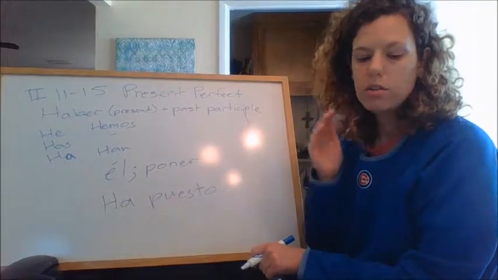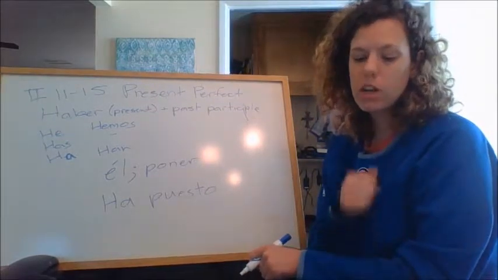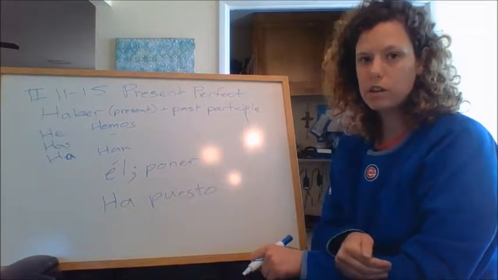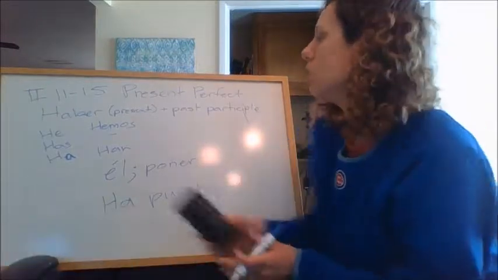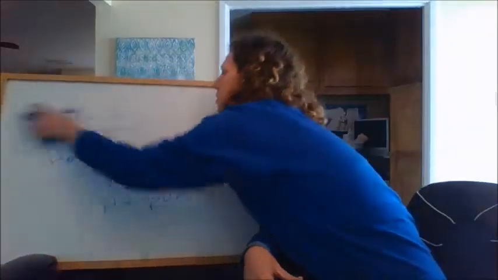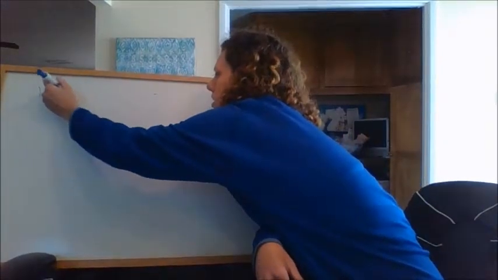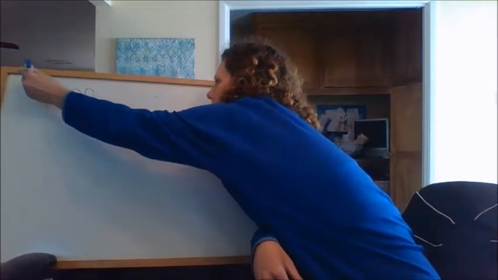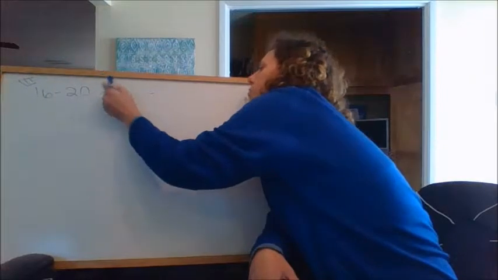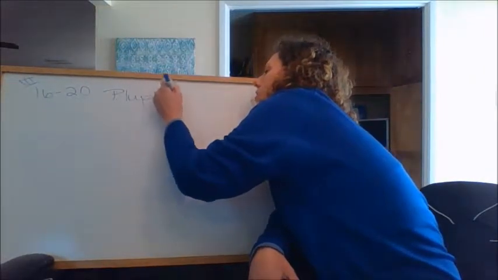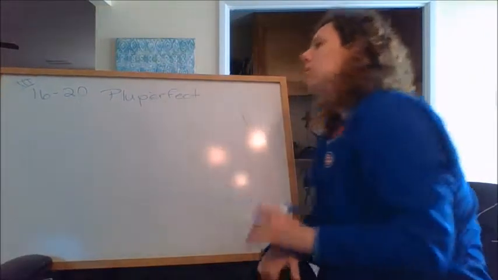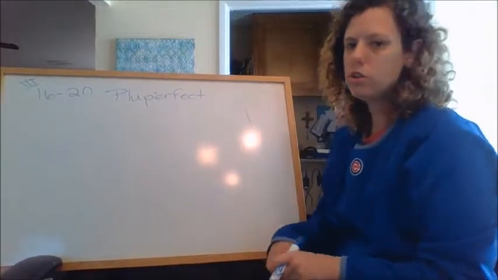All right, section 3 is going to be the pluperfect tense, which is very similar to the present perfect. So 16 to 20, I think. This is section 3. The pluscuamperfecto is what it's called in your book.